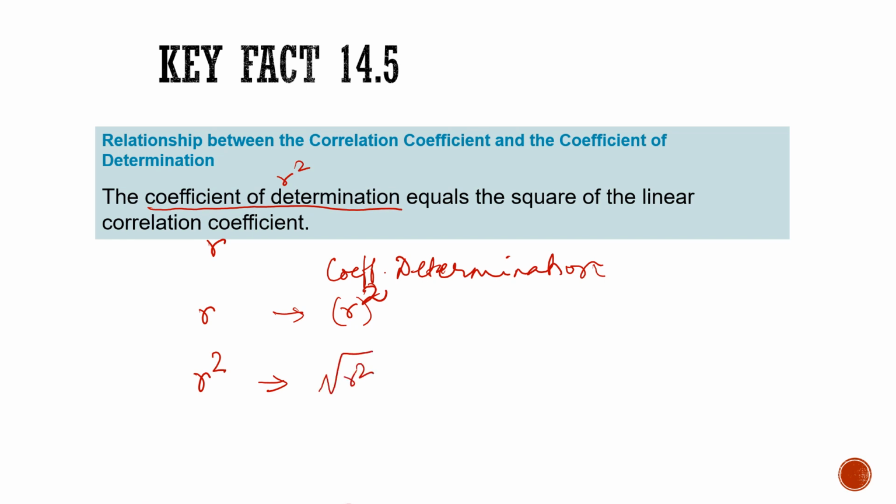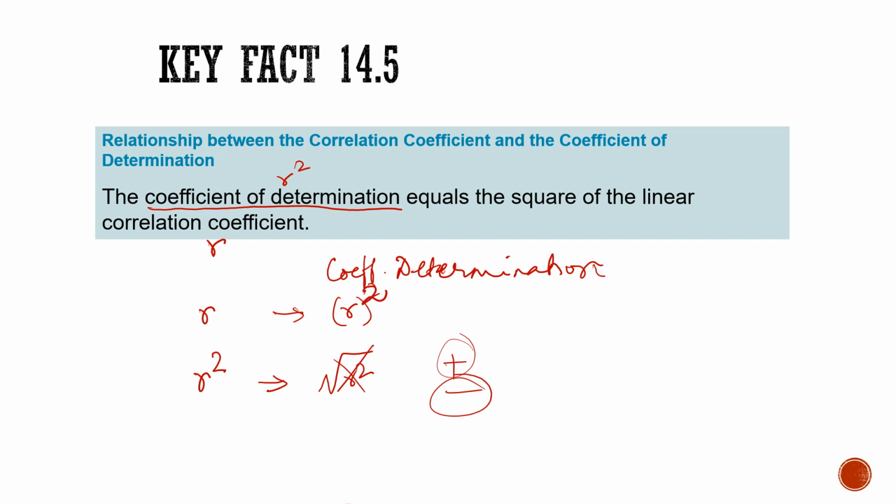When you take the square root of r squared, you will probably get the correct absolute value, but you won't know whether it's positively correlated or negatively correlated, because you will have a plus or minus whatever the square root of r squared calculates to, and you will be in a dilemma whether it's a positive correlation or a negative correlation.